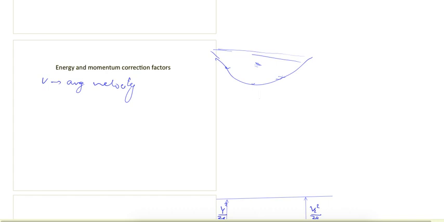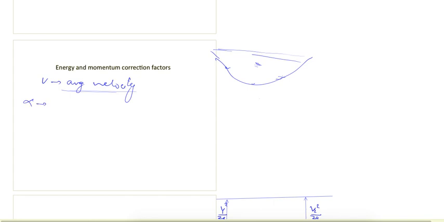So it is not the same everywhere, but if we use the average velocity in our equation, then we are introducing some error. To counter these errors, there are some correction factors. Two of these correction factors we are talking about here.